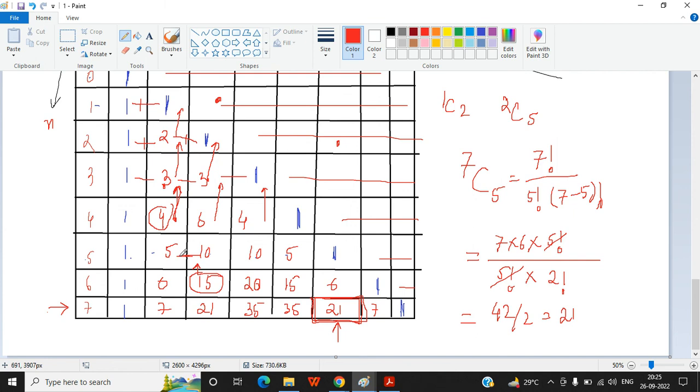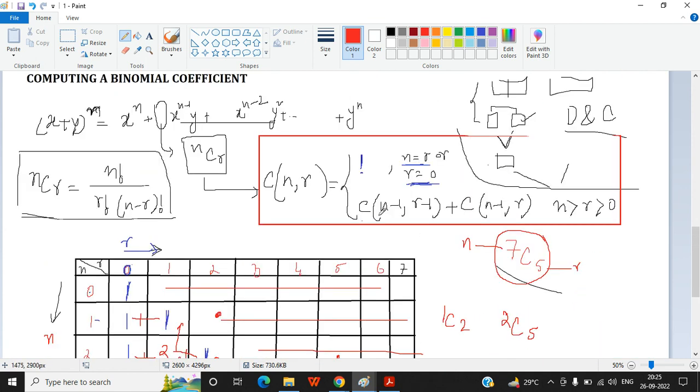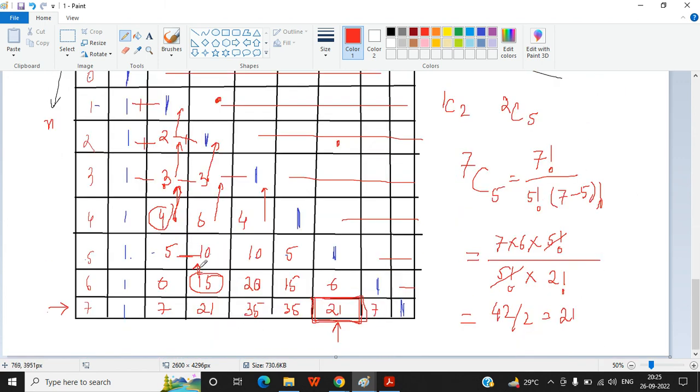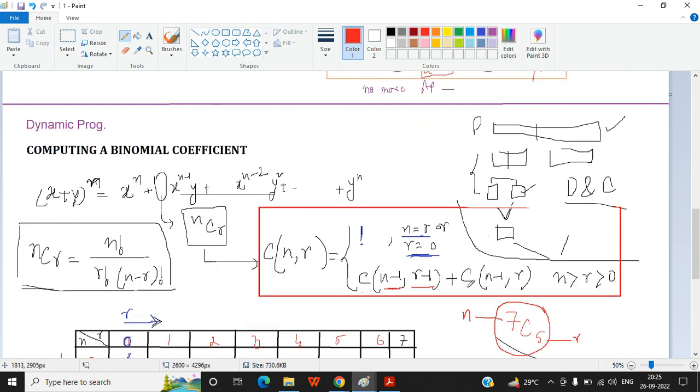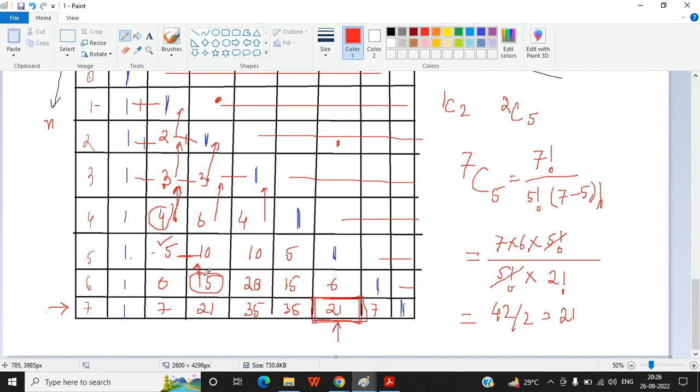C of n minus 1 means the previous row, and r minus 1 means the previous column also. That means to calculate this value, you have to consider this one. And C of n minus 1 means the previous row but the same column, so that means this.